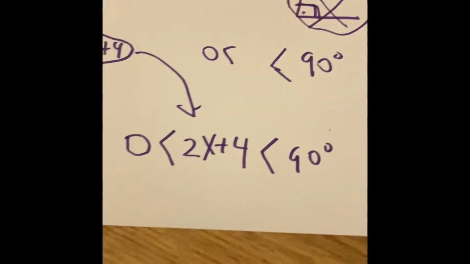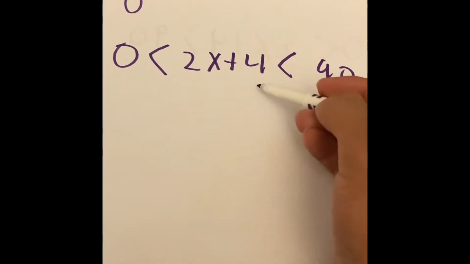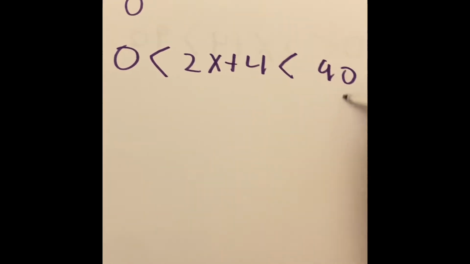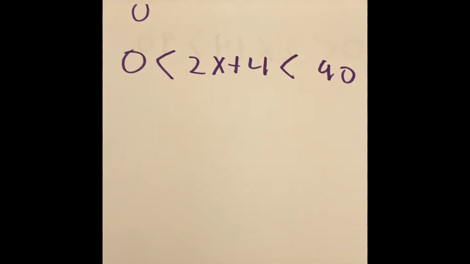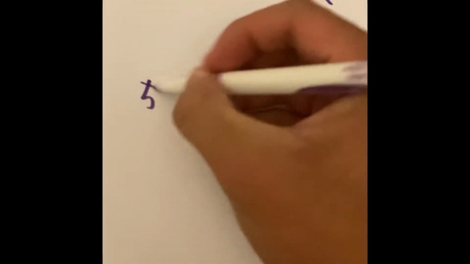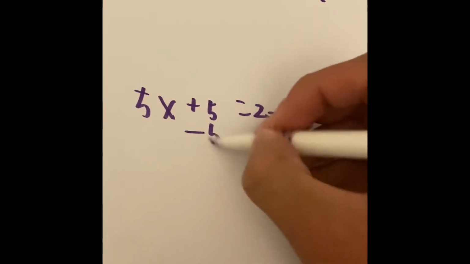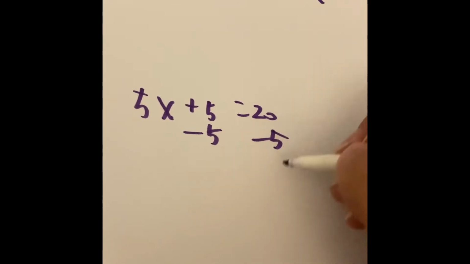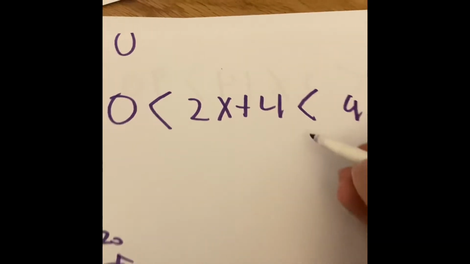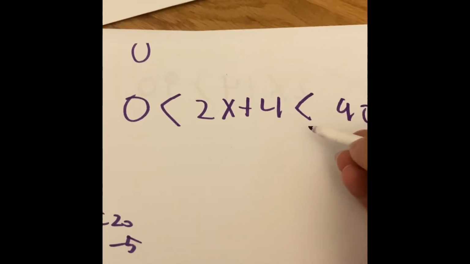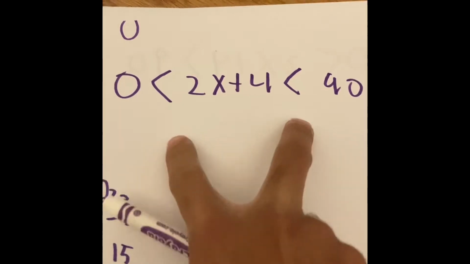So here's our equation. We have 0 is less than 2x plus 4, and also has to be less than 90 degrees. What we gotta do is simplify this, just as if you would have 5x plus 5 equals 20. We would want to simplify that by subtracting 5 from each side. With our equation right here, since we don't have just one of these, it appears that we have 2.